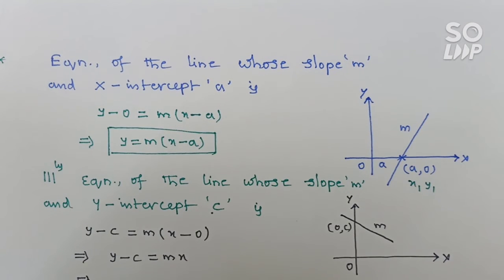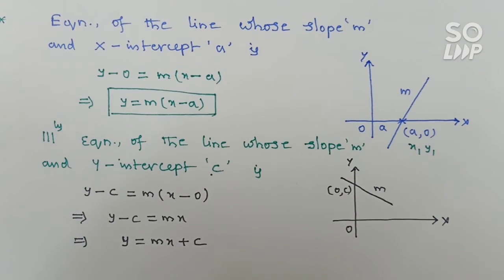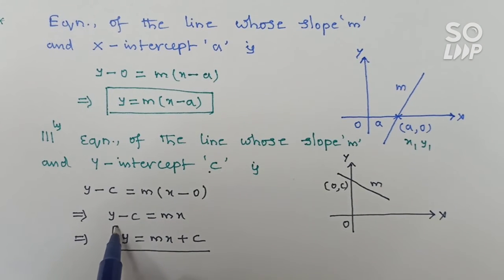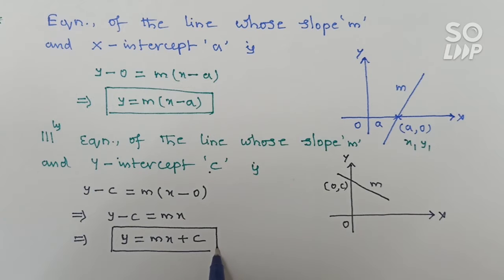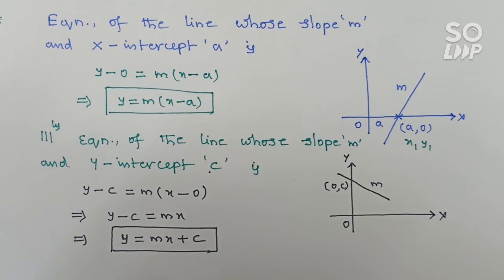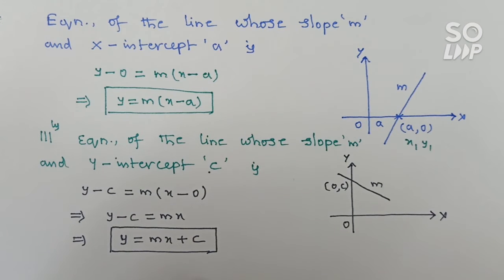Now take minus c to the right side, that becomes y is equal to mx plus c. This is the equation of the straight line whose slope is m and y-intercept is c.